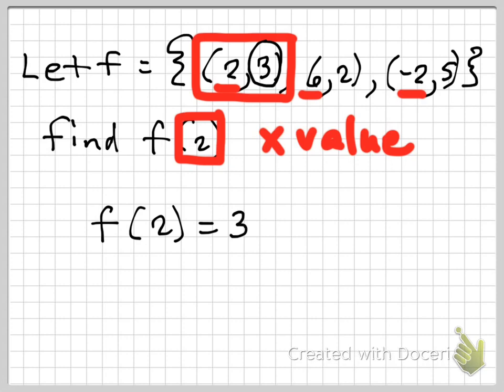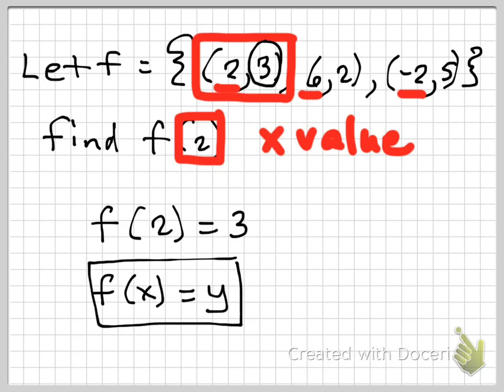So in other words, what happens when you replace x with a number is that you get y. Literally, f of x equals y. That's another way of saying it. This is what you would get if you replaced your f of x with a number. Okay?